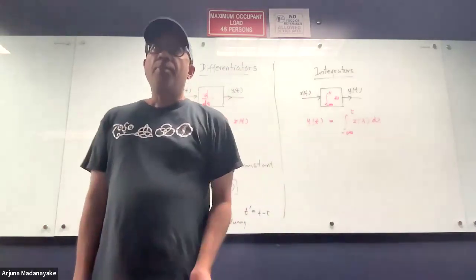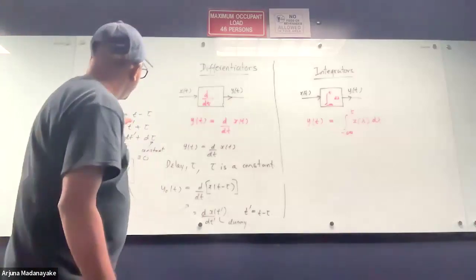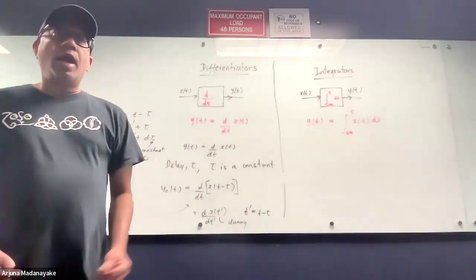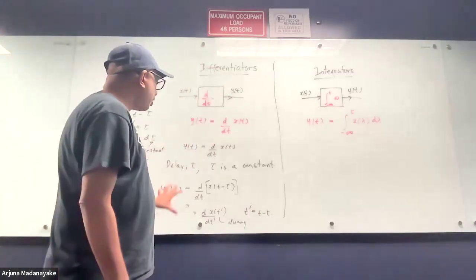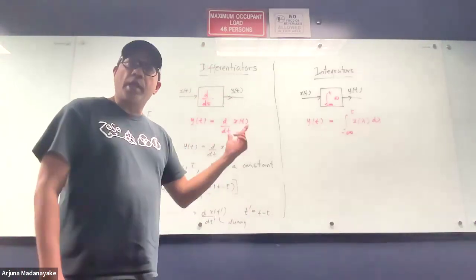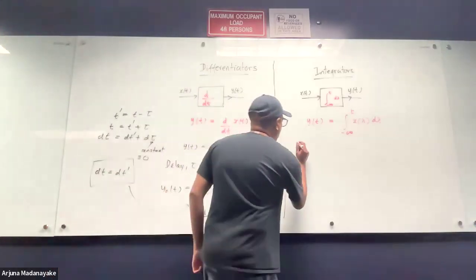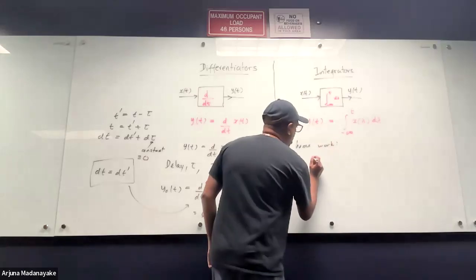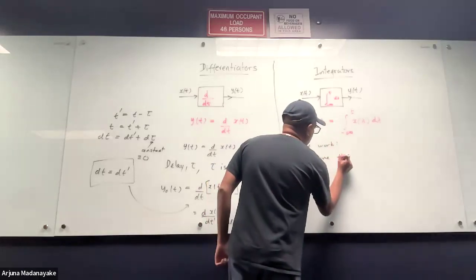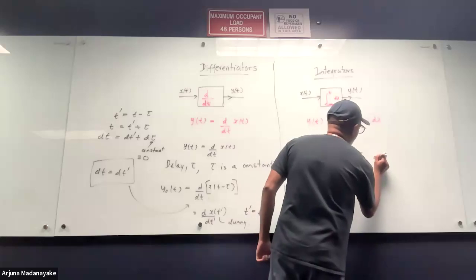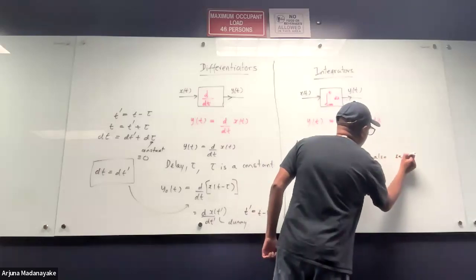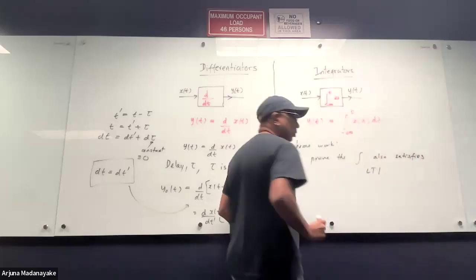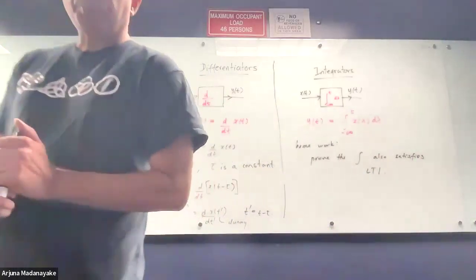And then replace t by the same kind of dummy variable substitution, and you'll get the same kind of relationship for integration. So prove that at home. It's homework, not to be submitted, but just do it by yourself. Prove that integration also satisfies linearity and time invariance.